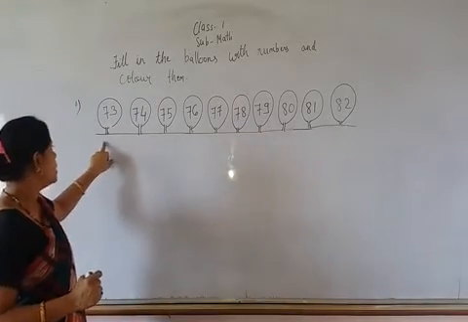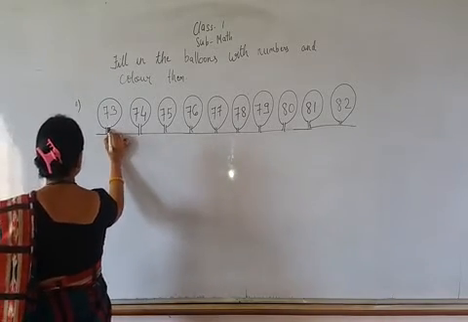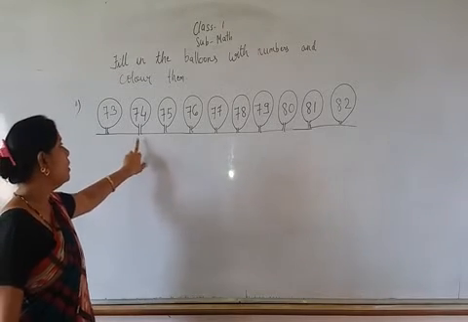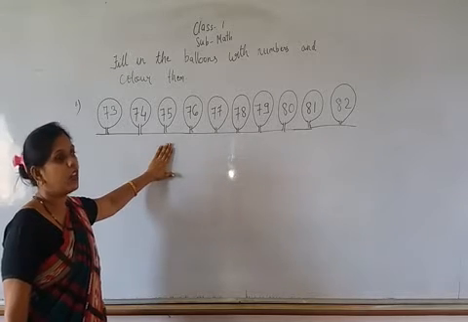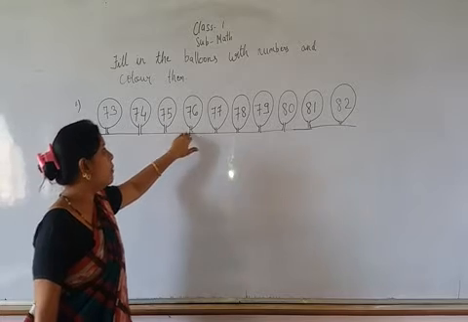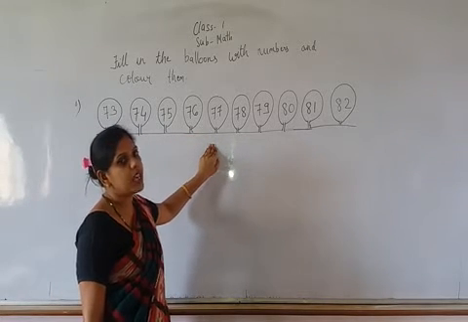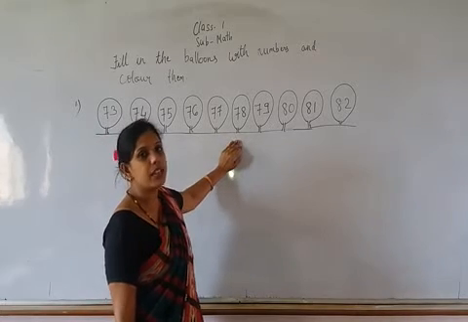Okay, 73 is already given. So the number that comes after 73 is 74. This we have done. The number that comes after 74 is 75. This again we have done. Then 76 is already given. Then the number after 76 is 77. After 77 is 78.